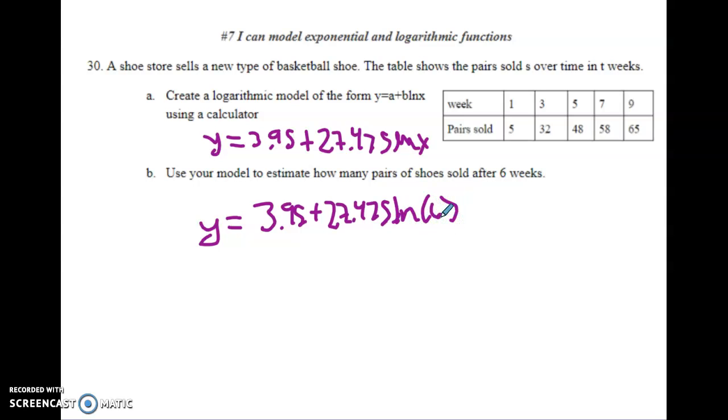When you put that in the calculator, you then get the answer of 3.95 plus 27.475 natural log of 6, about 53. So in 6 weeks you will have sold about 53 pairs of shoes. And we're done.